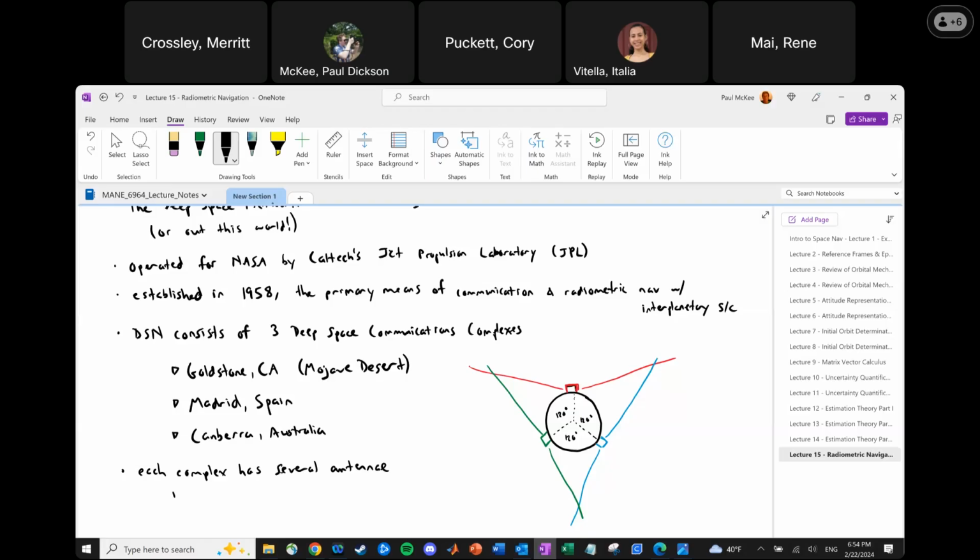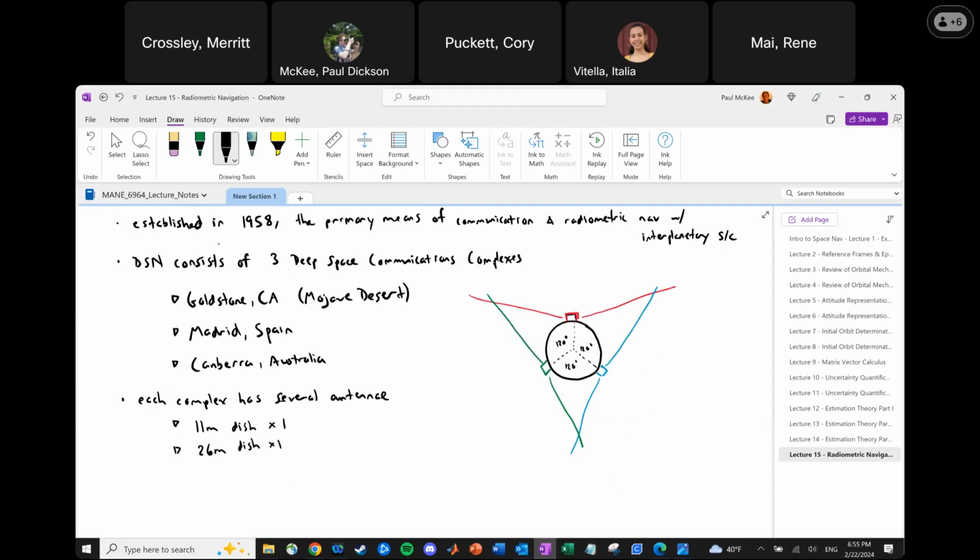There's usually an 11-meter dish, usually a 26-meter dish, and usually several 34-meter dishes.